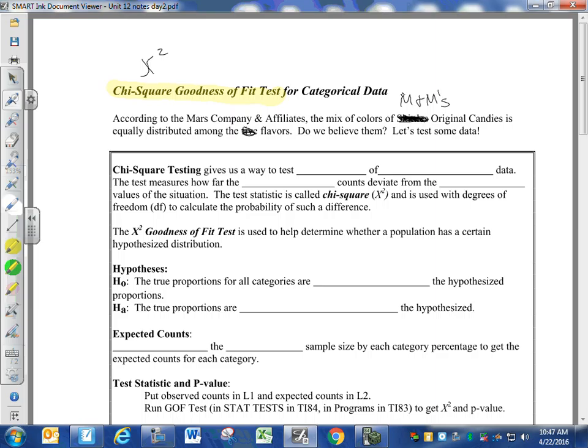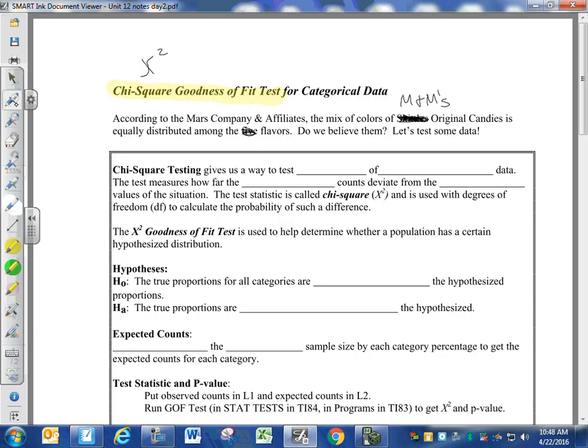Now, you might have a couple extra of this and a couple less of that, but the question is overall, if we look at everybody's data, will we find that there's the same amount of yellows, reds, blues, oranges, greens, browns? That's pretty impressive. Okay?